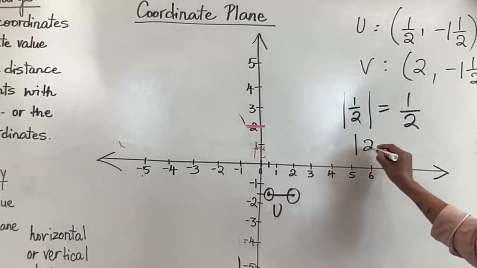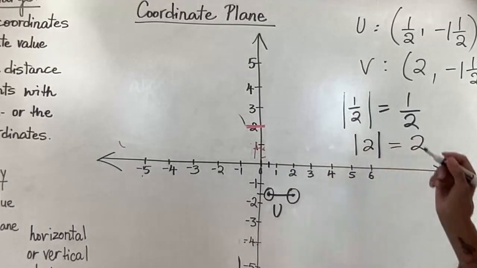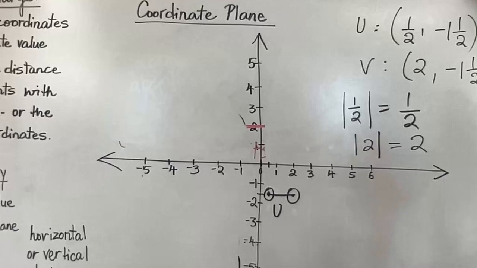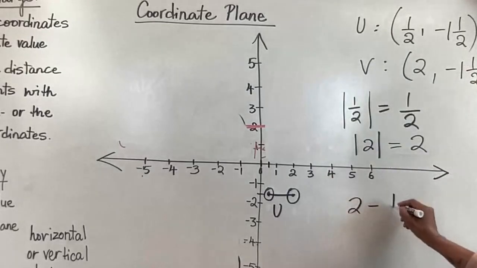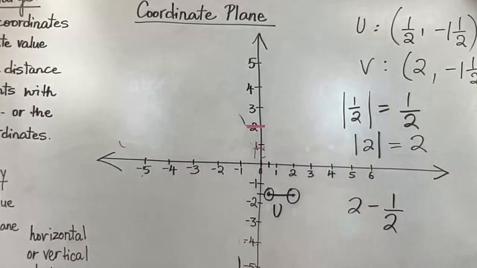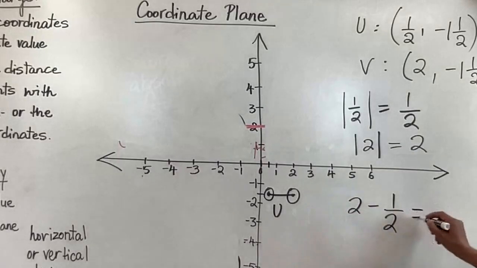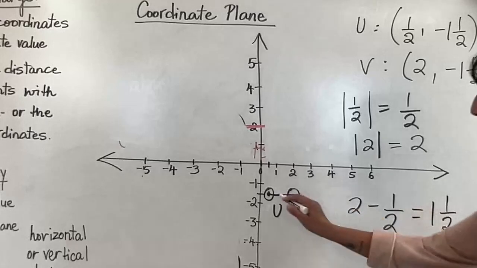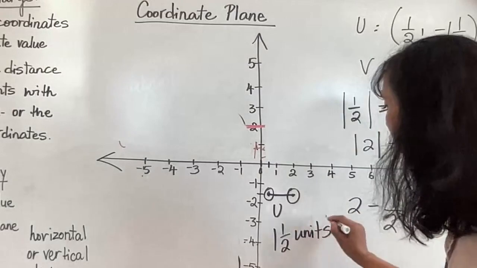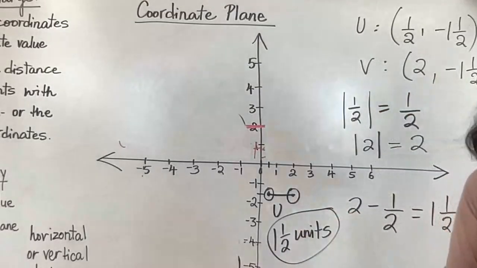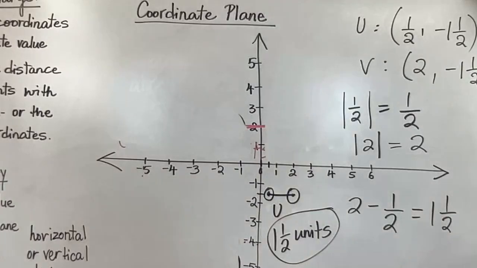It is 2. And then all that I'm going to do now is subtract the two absolute values to find the distance between the 2 points. So I'll do 2 minus 1/2 and I get 1 and 1/2. So these are 1 and 1/2 units apart, and that is the distance between these 2 points.